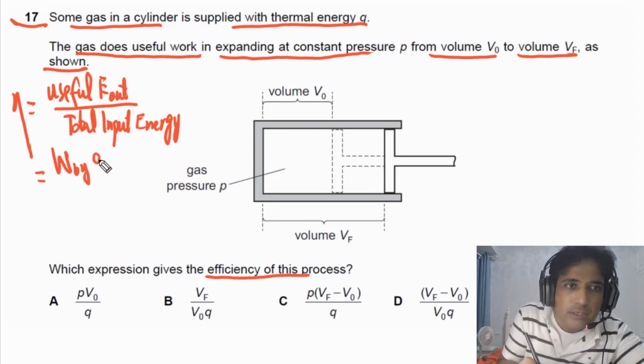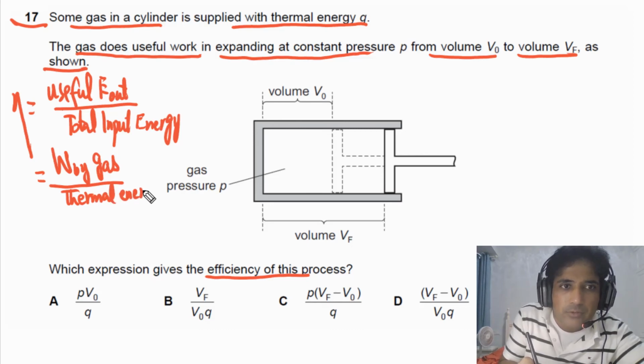So we can say W by gas divided by thermal energy. This is the energy input. And thermal energy in this case is given, equal to Q. So we can write thermal energy is equal to Q.